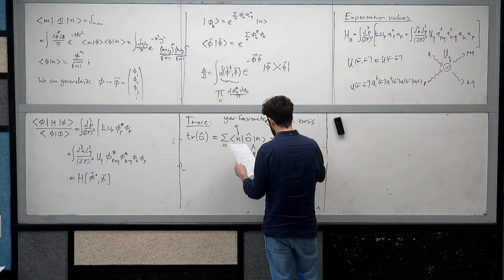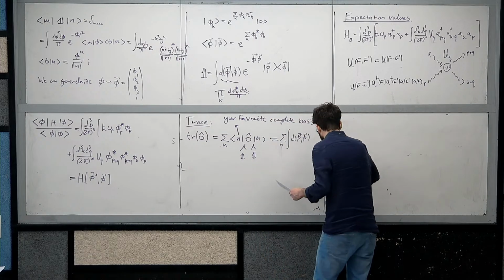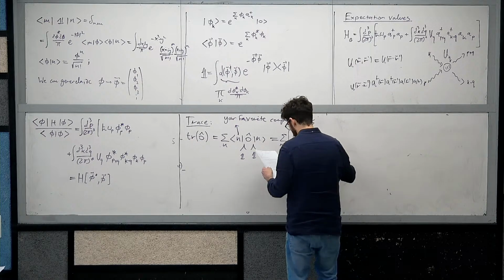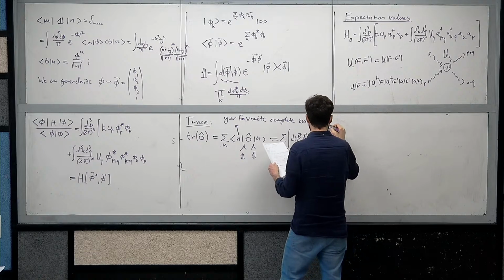Then we get a sum over n, an integral d phi dagger phi, e to the minus phi dagger phi. Okay, maybe I'll continue this for the time being here because I'm tired of switching boards.